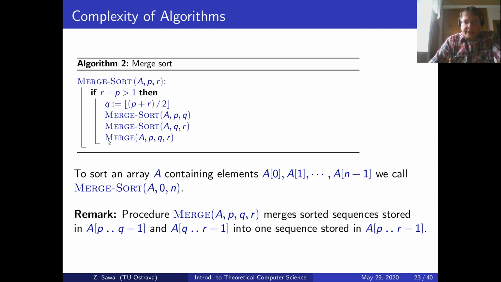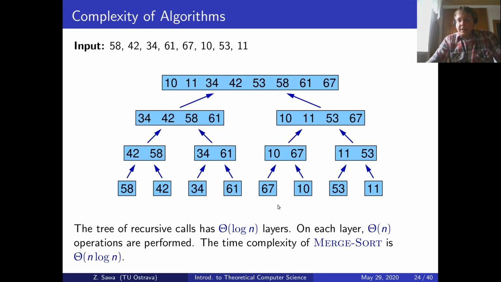Basically it's dominated by this merge, and it's linear with respect to the size of the given subinterval. But the total sum of lengths of subintervals in each layer of the tree is always n. So the total amount of work spent on a given layer of this tree is in theta n, and we have logarithm n layers. So from this it follows that the total time is n times logarithm n.